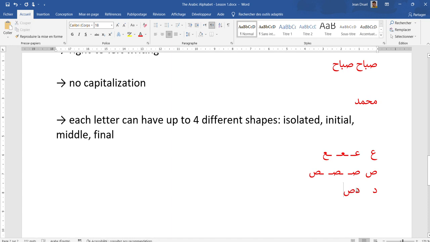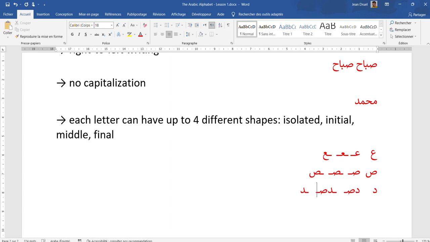Okay, it's a bit tricky, but you'll get accustomed to it. So this is the initial shape. The middle shape is connected on the right, but not on the left. I'm adding this one just for you to see how it does not connect. And then you have the final shape, which is like this.